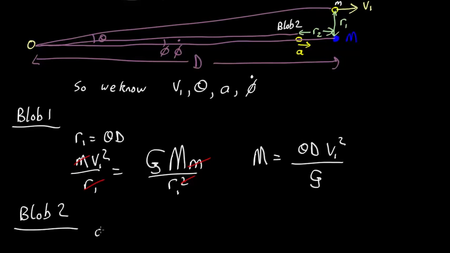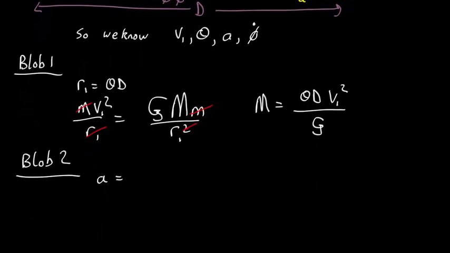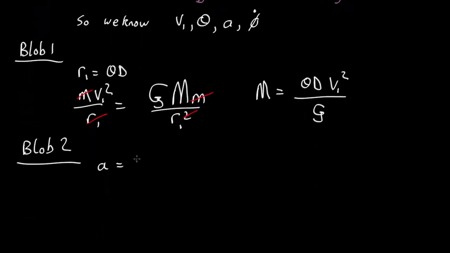So the acceleration, which we can observe by looking at how much the Doppler shift changes, is equal to the velocity of the second object, let's call that v2, so v2 squared over r2, which doesn't really help us as we don't know either v2 or r2. Let's rearrange it to make r2 the subject, so r2 equals v2 squared over a.